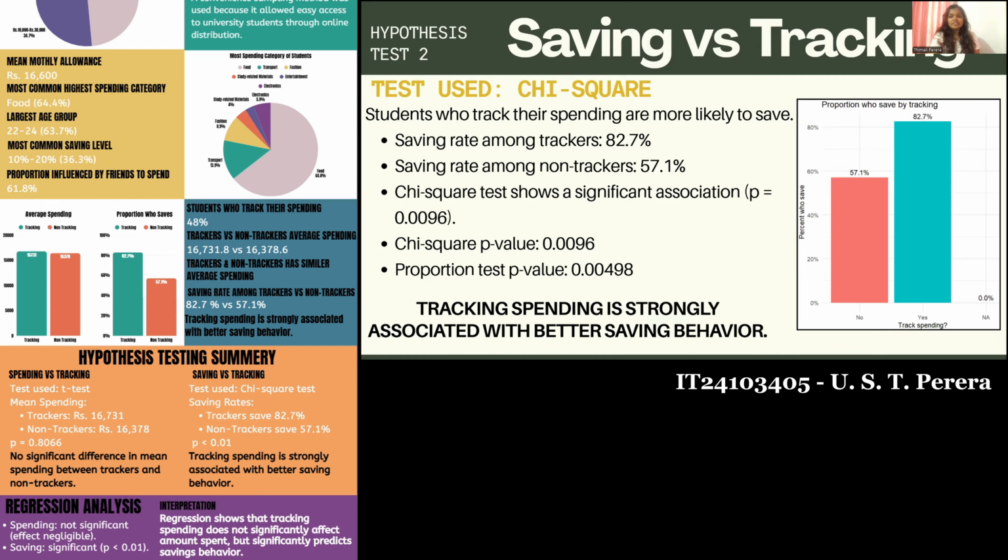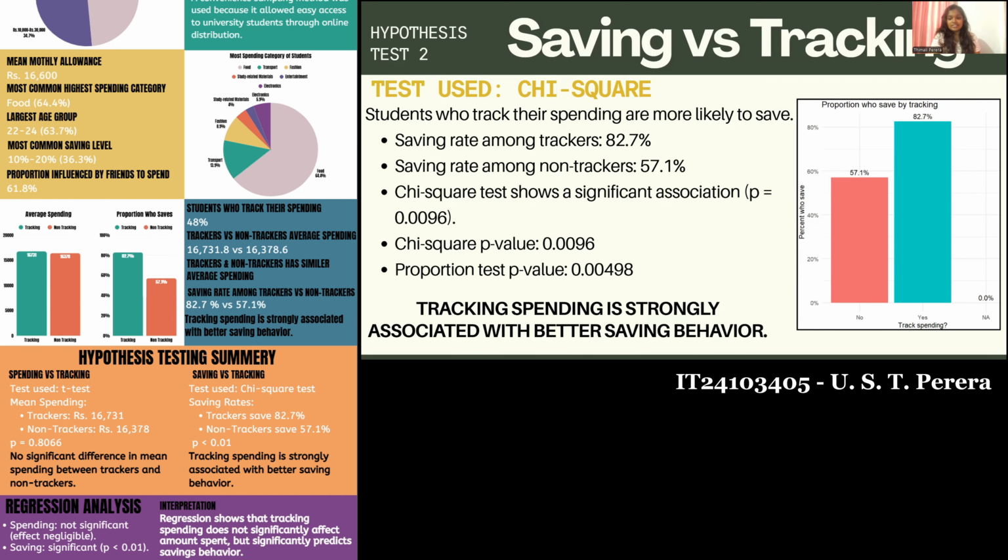This means there is a strong relationship between tracking and saving. So, unlike spending, saving does seem to be affected. Students who track their expenses are significantly more likely to save some portion of their monthly allowance.